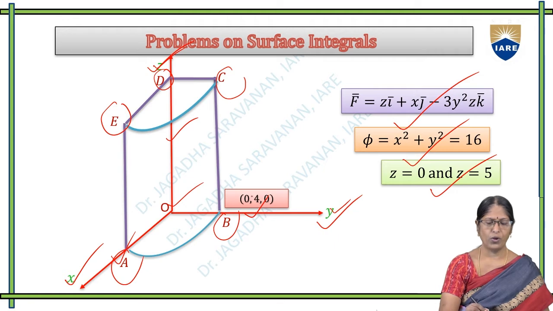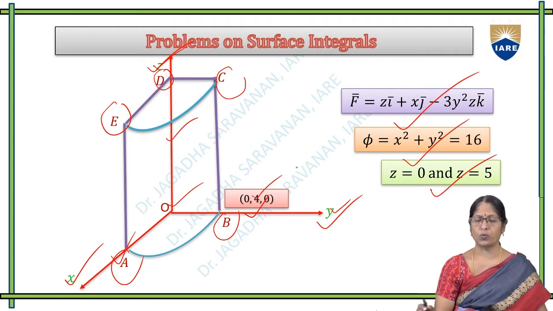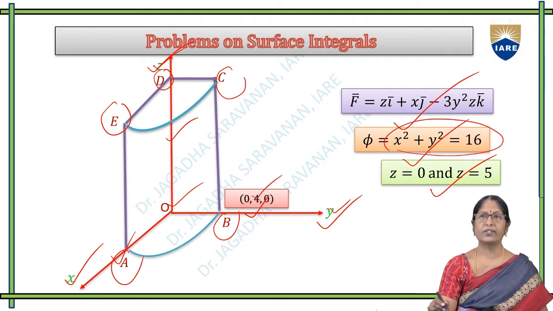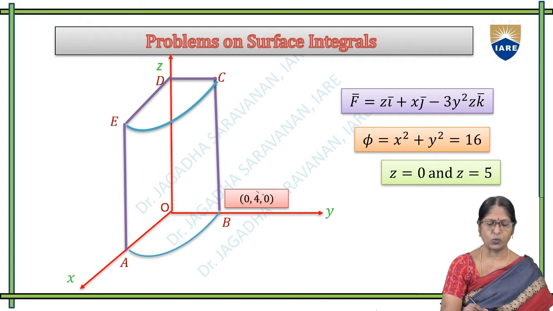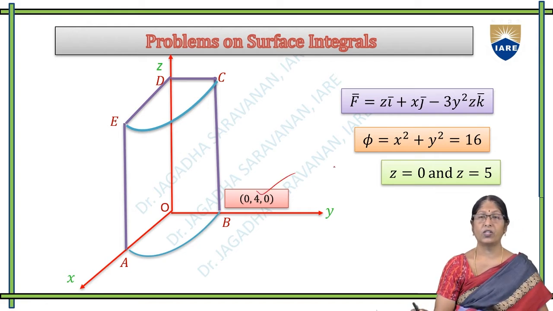Now we know x square plus y square equal to 16, which is given. If you put x equal to 0, then y square equal to 16, so y is nothing but 4. So that is the coordinate 0, 4, 0 here. The next one, the question itself gives from 0 to 5.